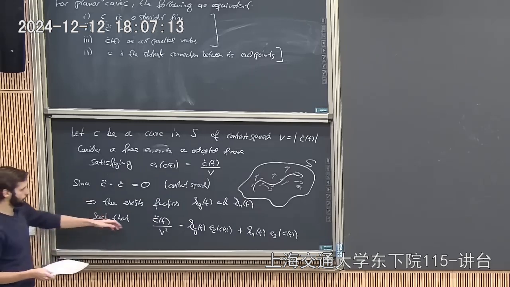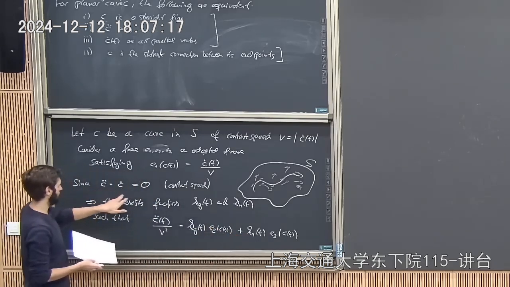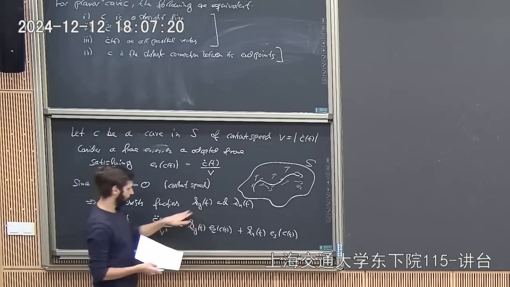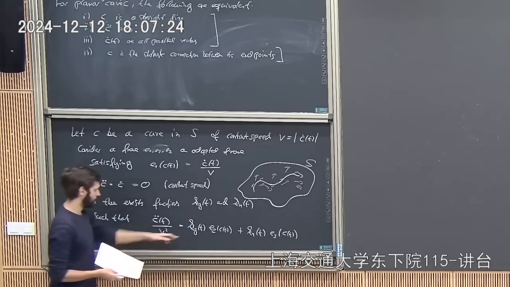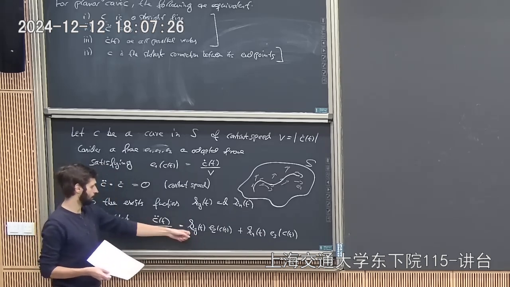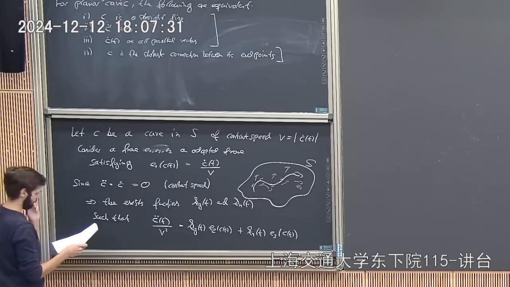That just follows from the fact that there's no E1 component, and then there is something in front of E2 and something in front of E3, and we give these somethings a name, which is kg and kn.